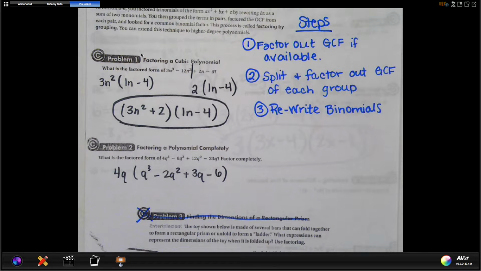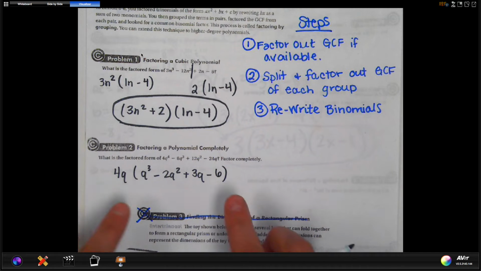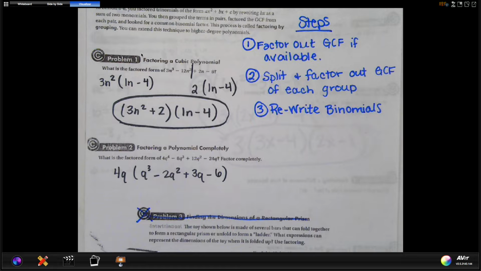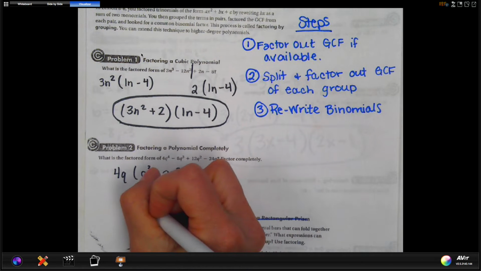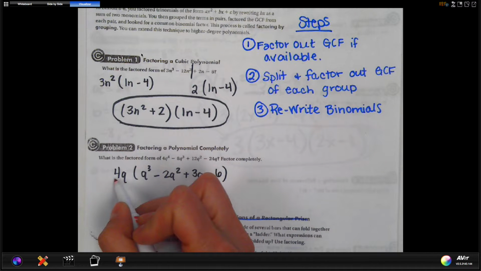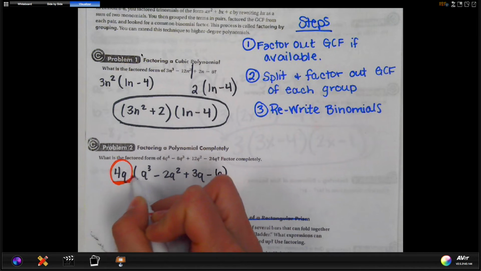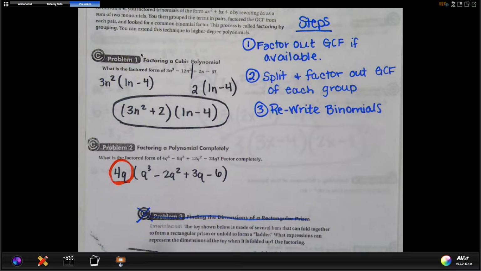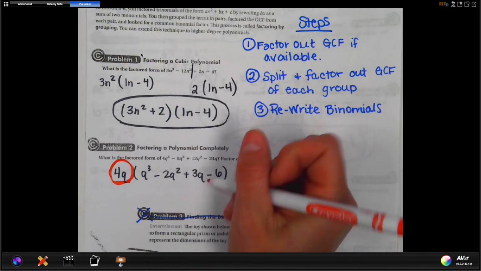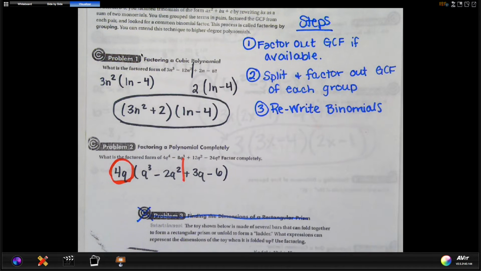Now we have to split and factor what's inside our parentheses. So we're still going to have our 4q hanging out, okay? So I'm not going to forget about this guy. I'm just going to kind of like put a little red circle around him right now. But I want to focus on this one a second. So if I split this up and factor each side, what's the greatest common factor that could come out of the left side? q to the third power minus 2q squared.